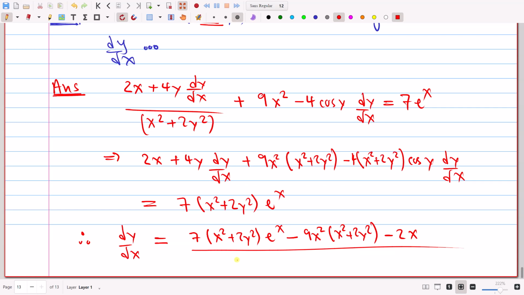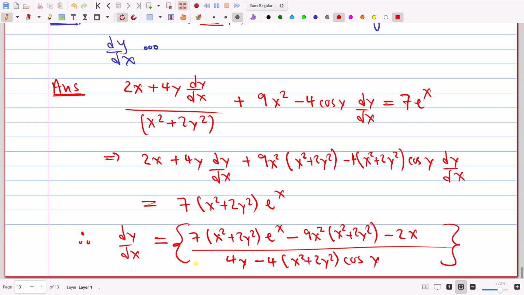Then all this is going to be divided by 4y minus 4(x squared plus 2y squared) cos y, like that. So this is how you deal with implicit differentiation.